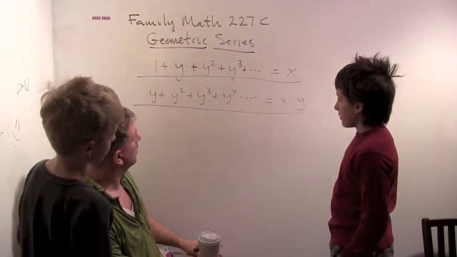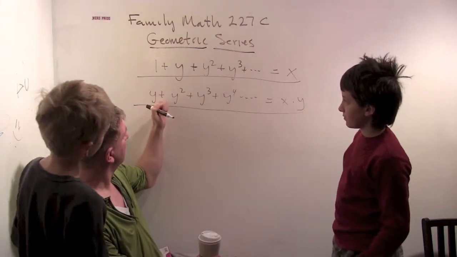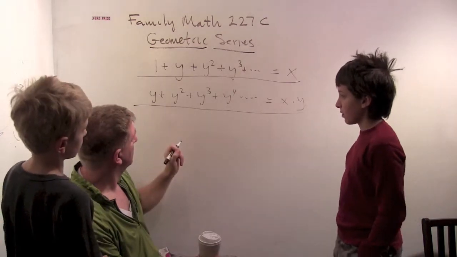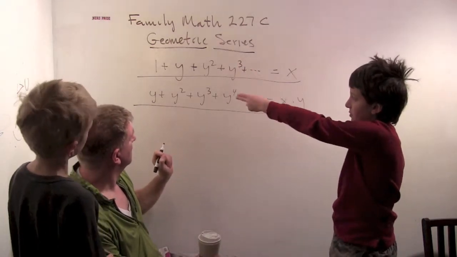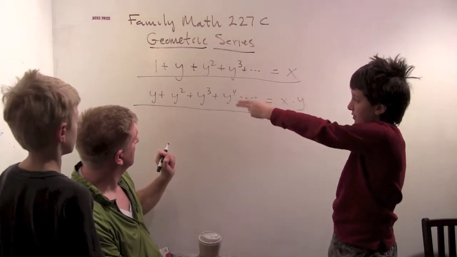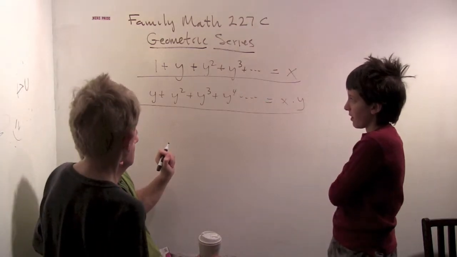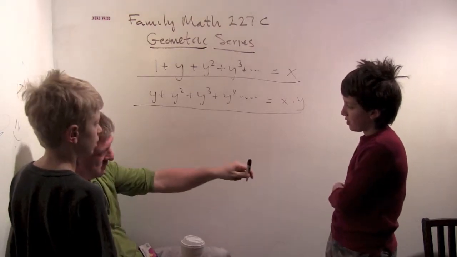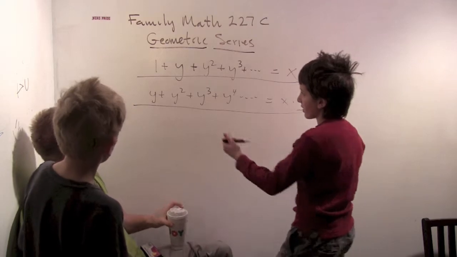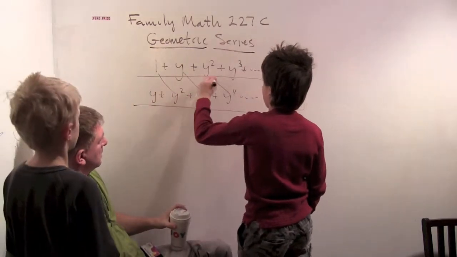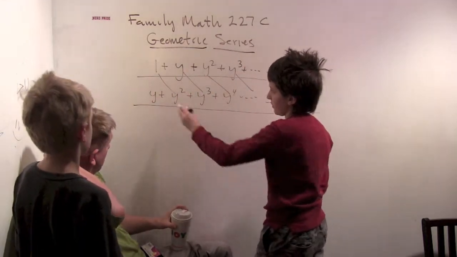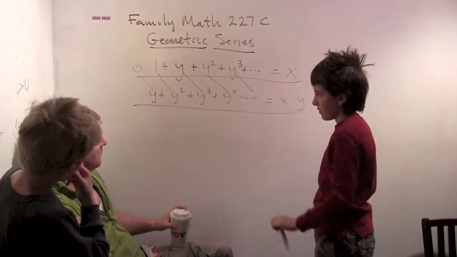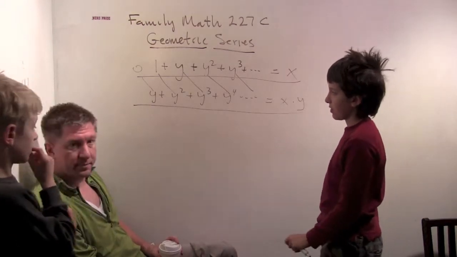All right, so what do I get when I subtract? I start with this equation and I subtract this one away. What am I left with? We were subtracting in this way. Is that the best way to subtract here?